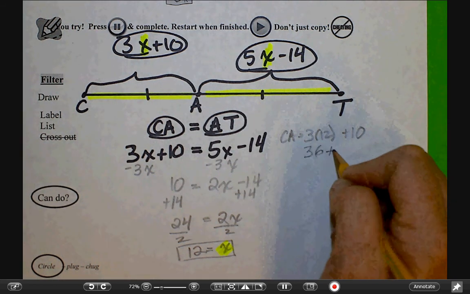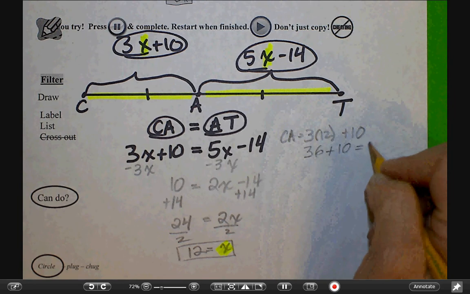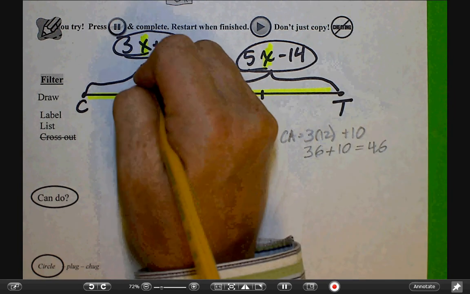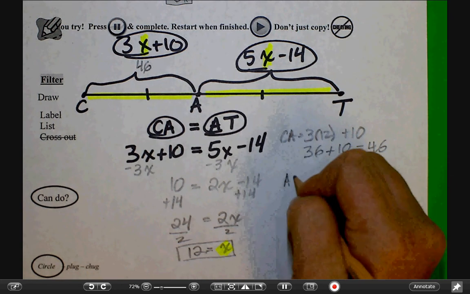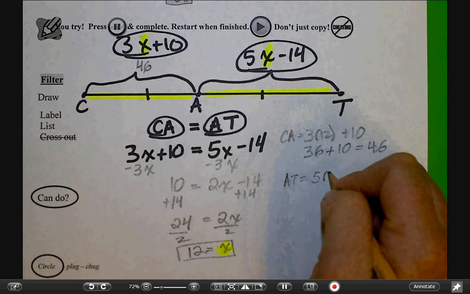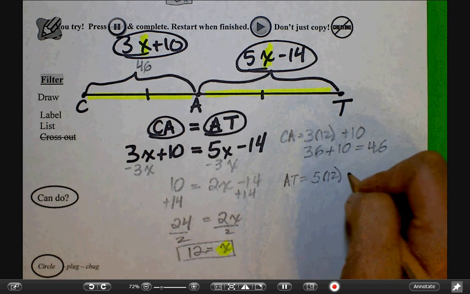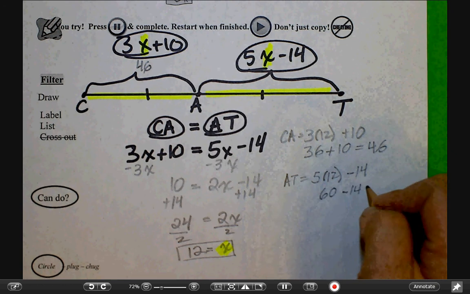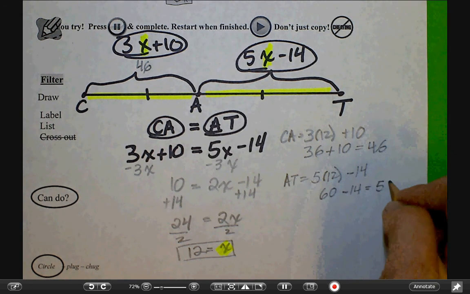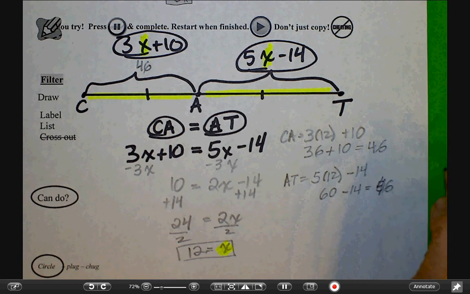That's going to be 36 plus 10, so it's 46. So this is 46 up here. AT is 5 times 12 minus 14. That's going to be 60 minus 14, which is also 46.